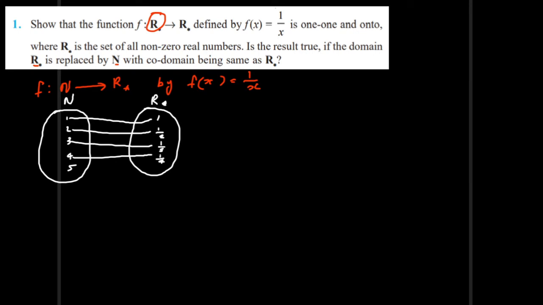But suppose you take 5, this is also a real number. Is there any mapping from this?